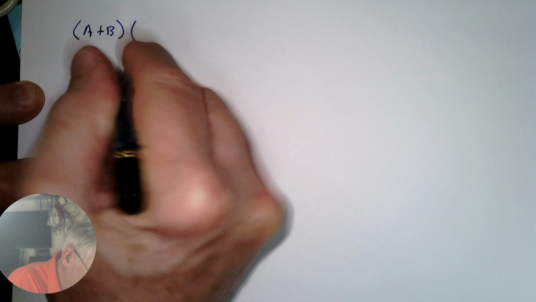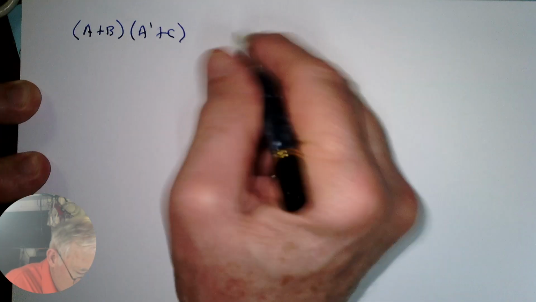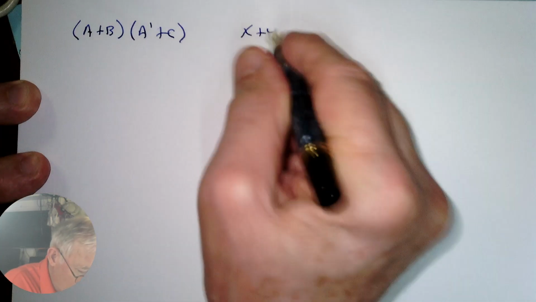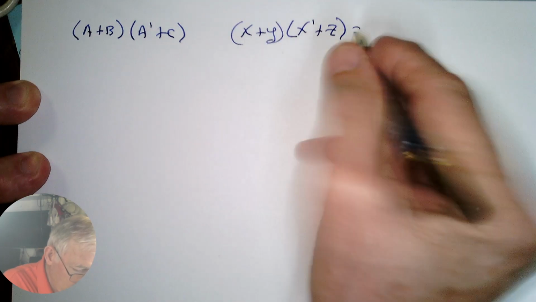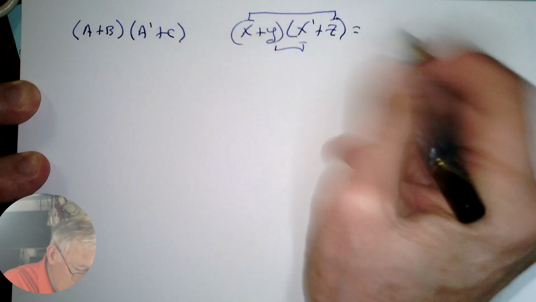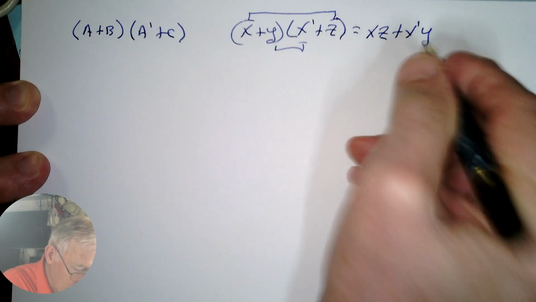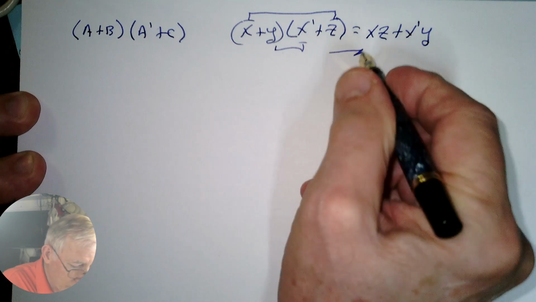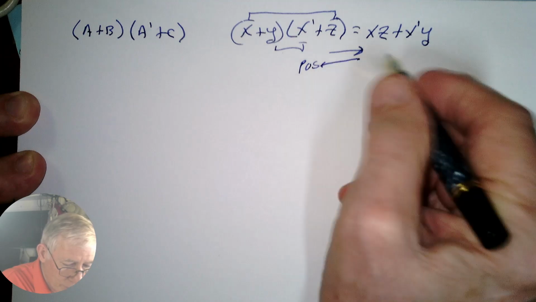Remember the multiplying and factoring, which is (X plus Y) times (X prime plus Z) equals, and we do this little business here, and we get XZ plus X prime Y. We're applying it in this direction because we're going from POS to SOP.